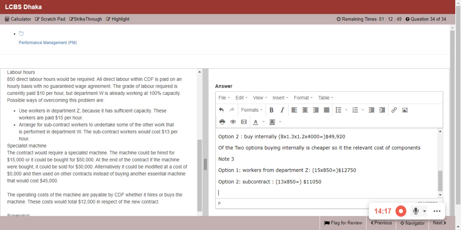Of the two options, option 2 is cheaper.